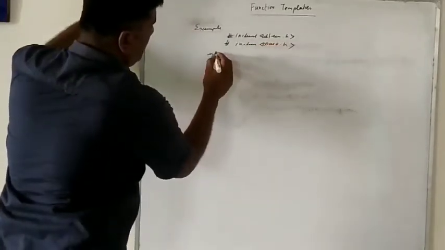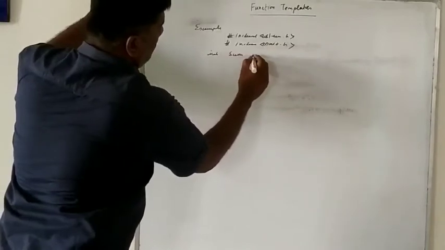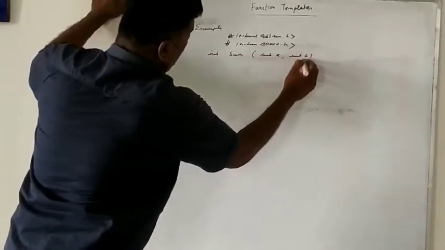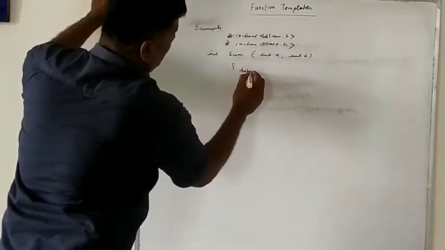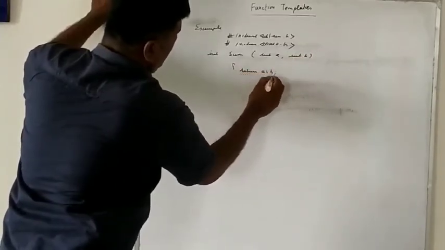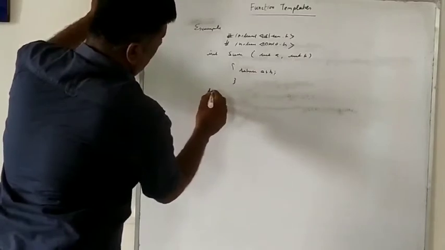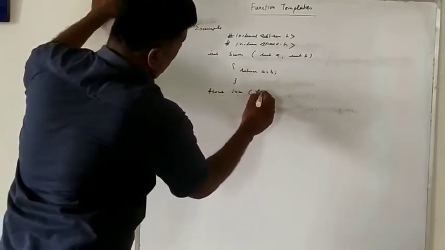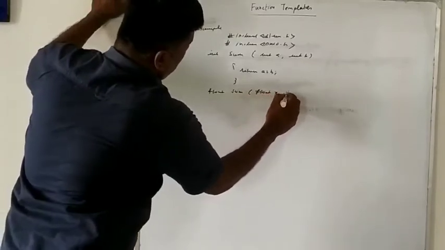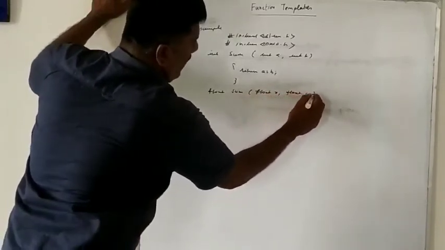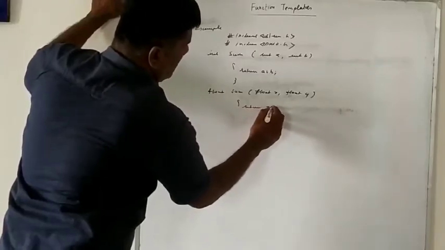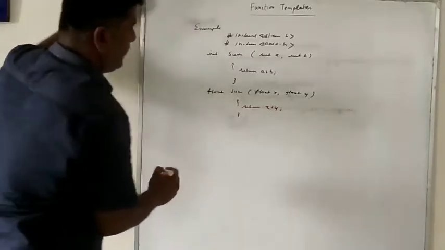The first function is sum of int a, int b, which returns a plus b. The second is float sum of float x, float y, which returns x plus y.